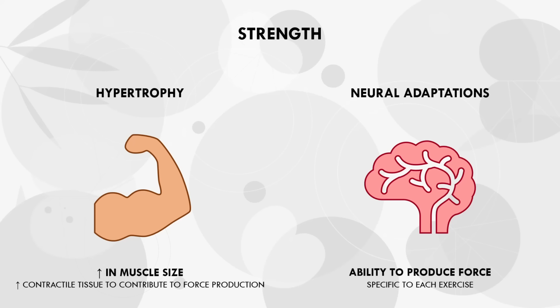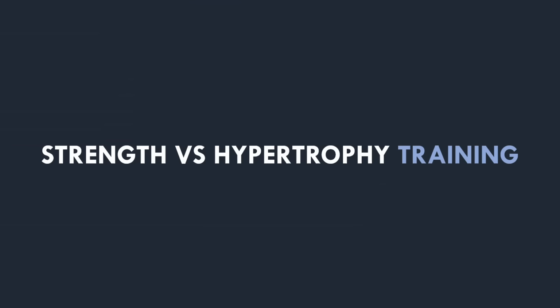This is due to several neural adaptations, including improved rate coding, increased motor unit recruitment, greater coordination, and more efficient lifting technique. Neural adaptations are specific to the task we train. This means we must practice the specific lifts we want to get stronger at with heavy loads to maximize neural efficiency. So now we have explored what exactly strength and hypertrophy adaptations are.